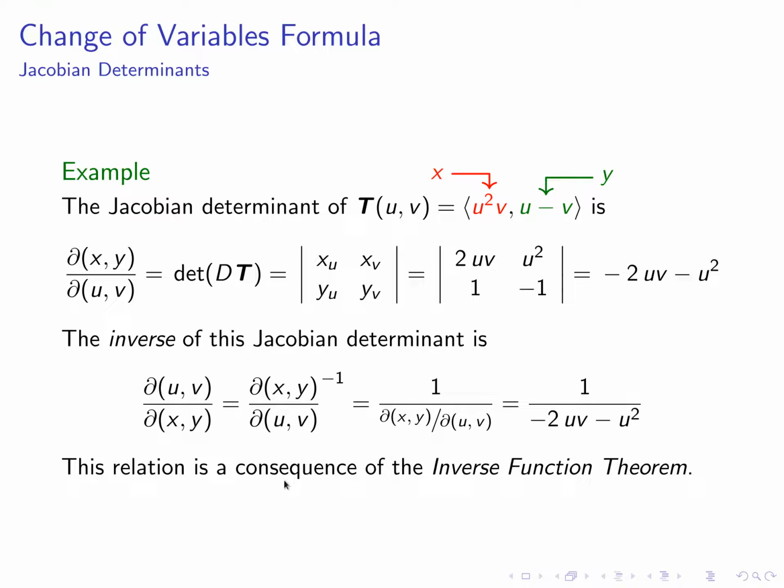So this is one of the fortunate aspects of the notation we're choosing, because what this is saying is that the thing that we would maybe want to do when finding the partials of u and v with respect to x and y is really just take 1 over this fraction flipped. And what this inverse function theorem is telling us is that the calculus actually supports that notation.